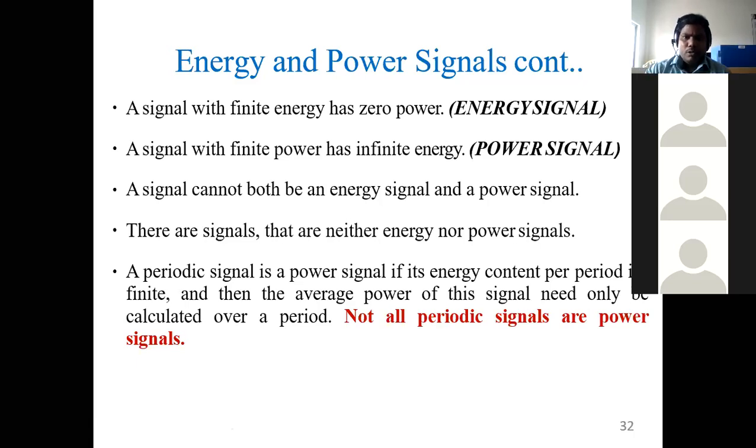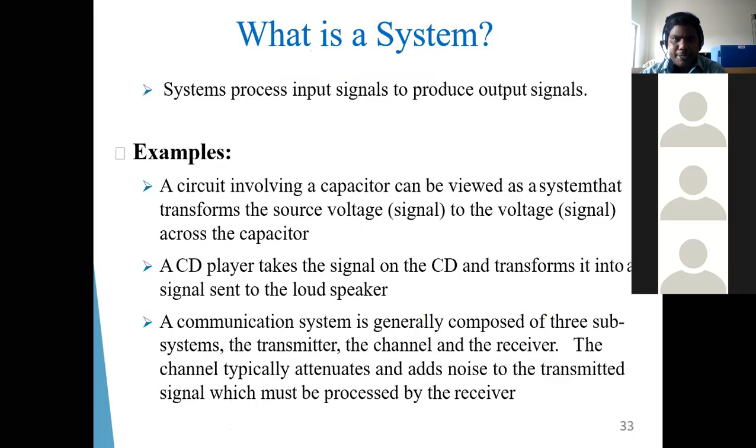So whatever signal we consider, whether it is a power signal or an energy signal, we mainly consider the total cycle, the total time period of the signal with respect to time. Not all periodic signals are power signals. That is one of the important points.